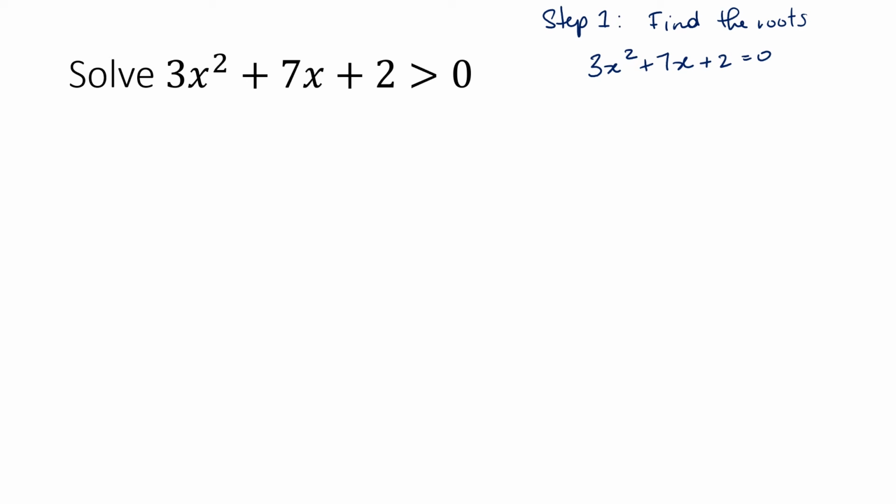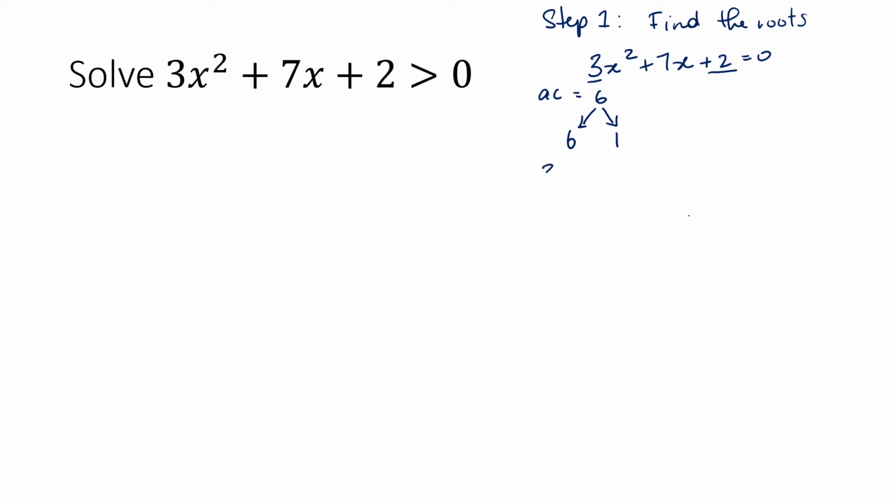So again, a times c, 3 times 2 equals 6. So we need two values that when you multiply, you get +6, but when you add, you get 7. That is obviously 6 and 1, because 6 times 1 is 6, 6 plus 1 is 7.